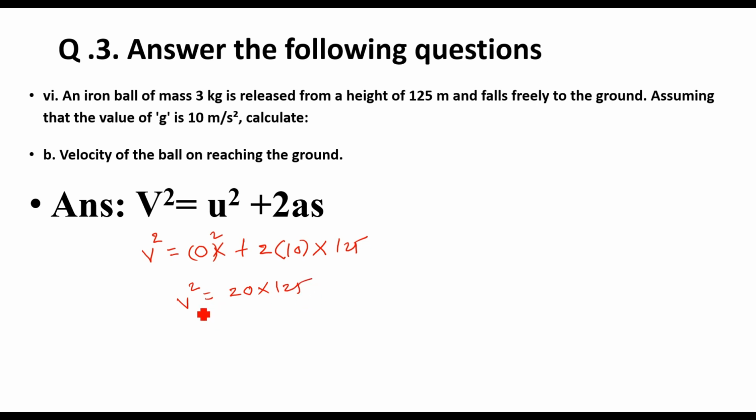That is the value of what? v square. What I will do here is split 20 into 4 into 5, and 125 is 5 into 25, because getting the square root becomes very easy.